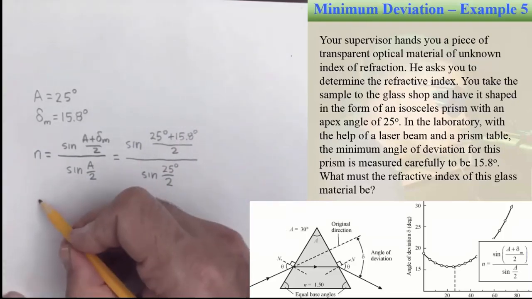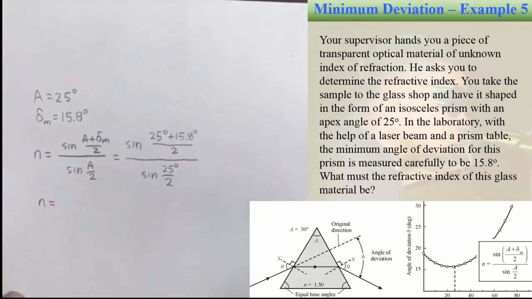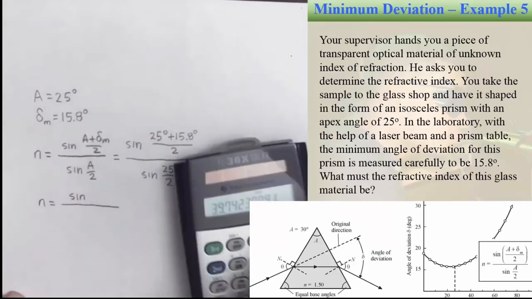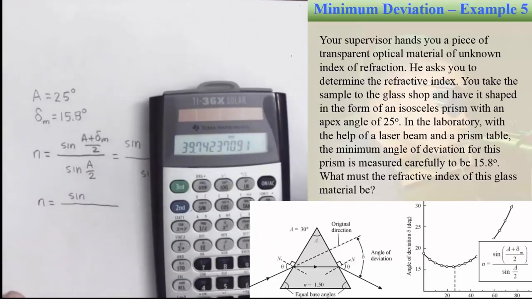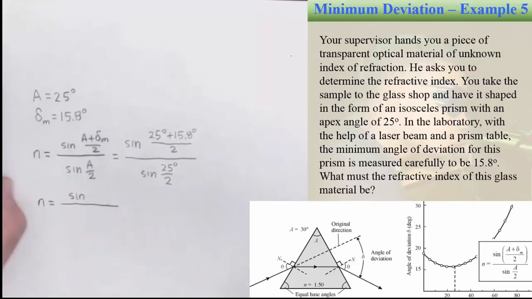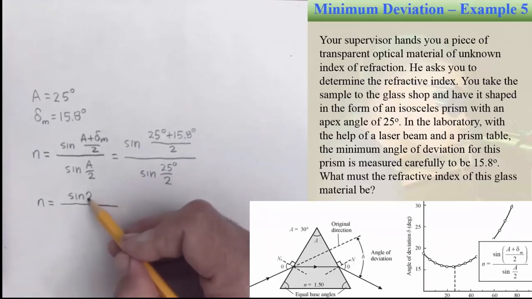If we do a few of these arithmetic operations, we can see that the angle in the sine above the fraction line is (25 plus 15.8) over 2, equal to 20.4, so sine of 20.4 degrees.